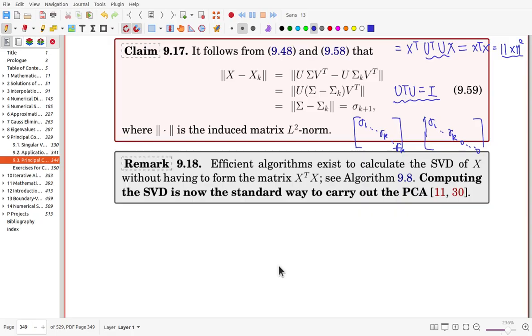That means that for PCA, the SVD is the major tool. Without SVD, it would be much more complicated. So PCA is highly related to the singular value decomposition.